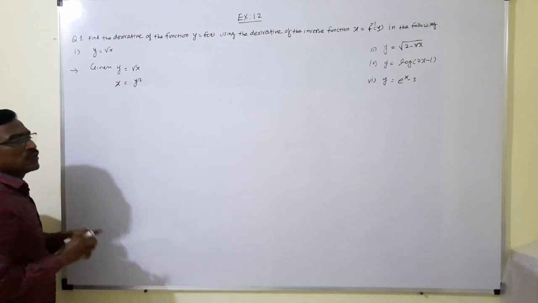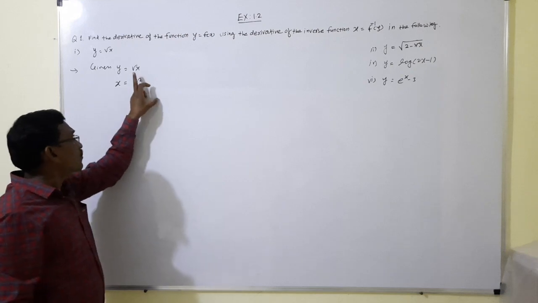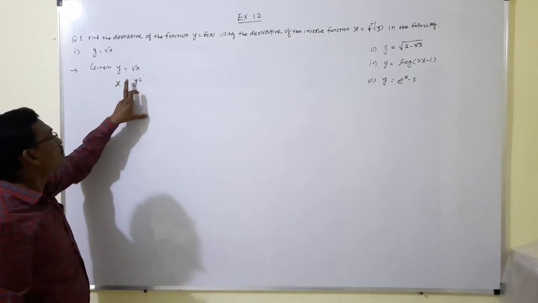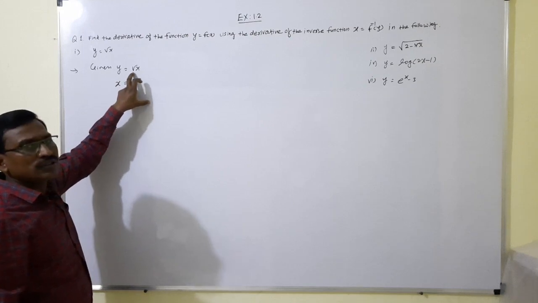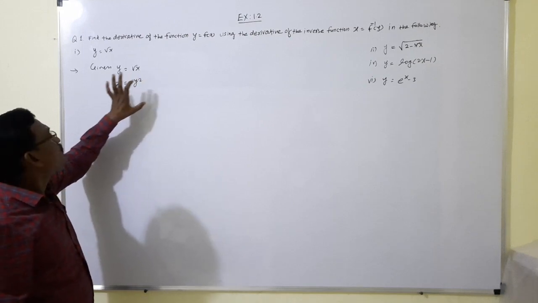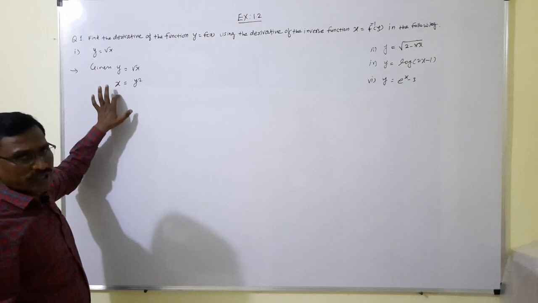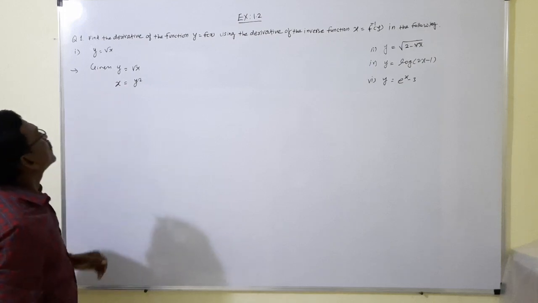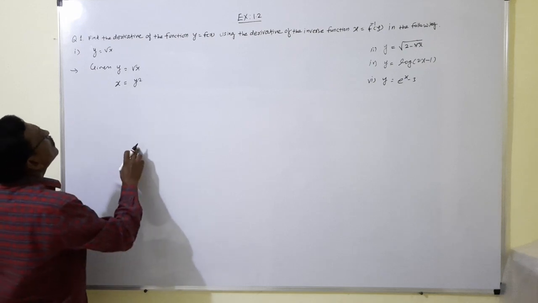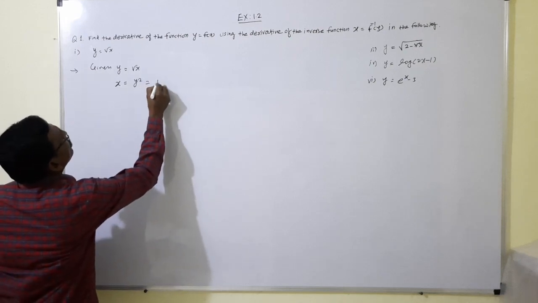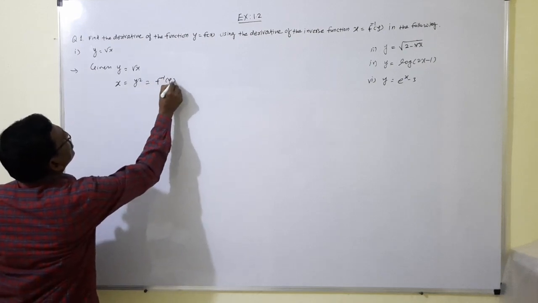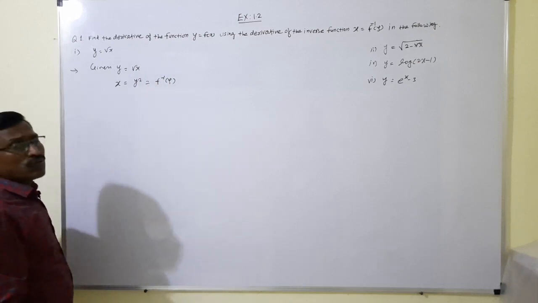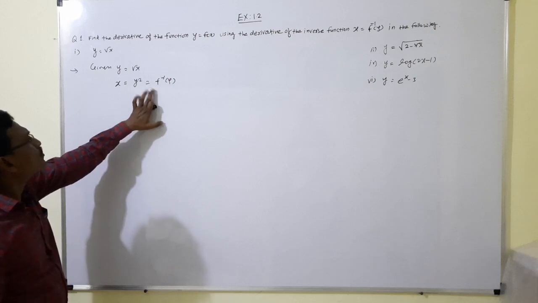First of all, due to this square root sign, we take the square on both sides, so it is y square, and the square root sign is removed. This is f inverse of y. x equal to y square is the inverse function, f inverse y.